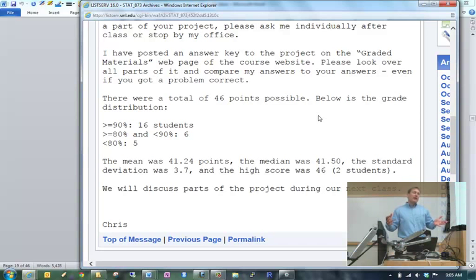So at least in my answer key, usually the way that I answer the problems is what I see as the best approach, or the best answer that's possible. And so I do recommend that you read through the entire answer key, even if you did well on every problem.